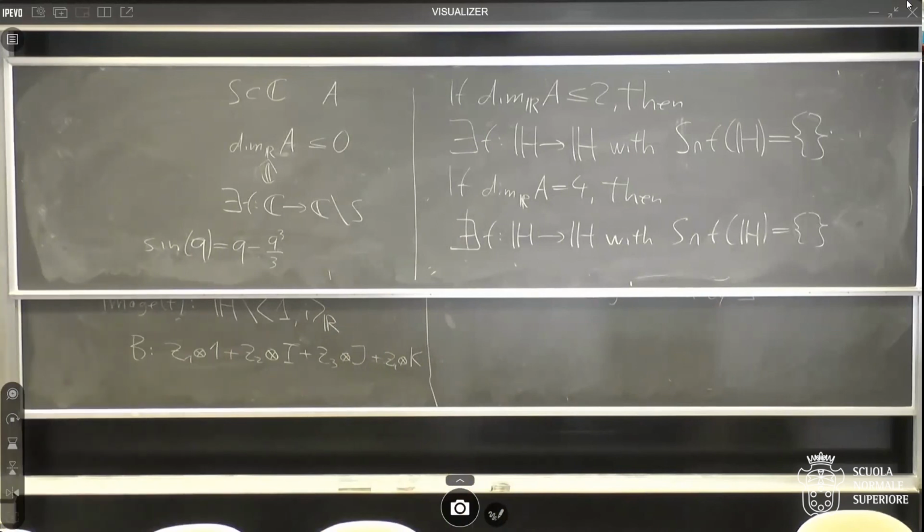My question is that, because you are talking about the quaternions and you tensor with C over R, you have a 4-dimensional complex space, which is actually the 2x2 matrices, right? Yes.